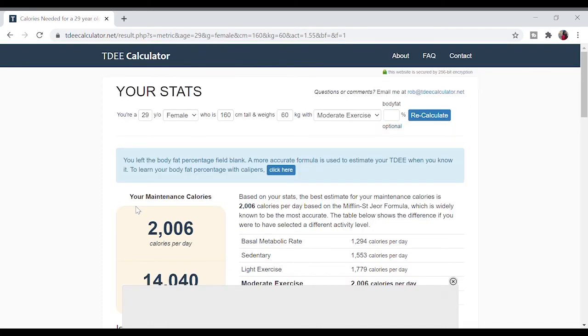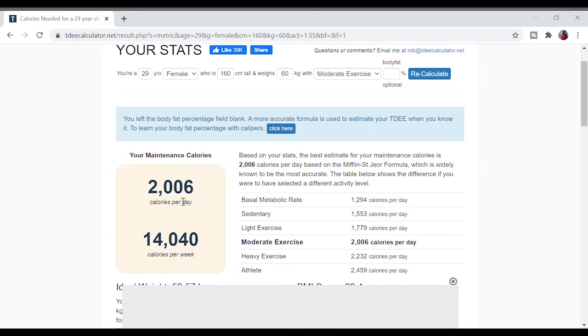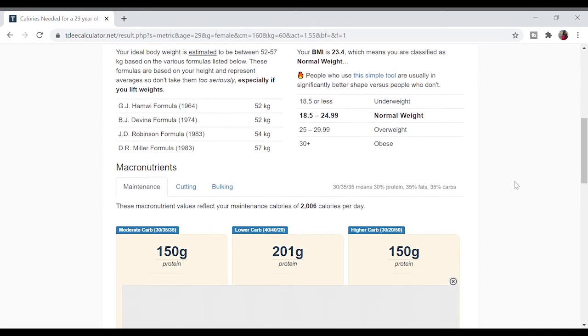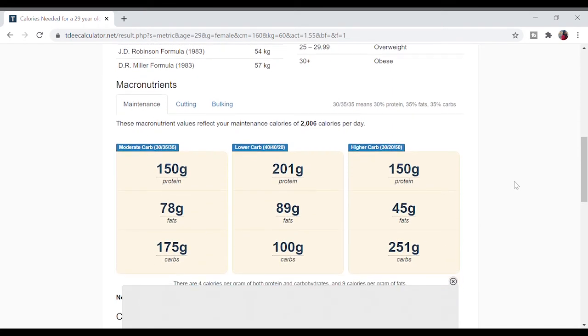So if I am working out and I am having calories of 2000 per day, then I won't see any reduction in weight. Okay, so my calorie requirement changes once I include physical activity in my day-to-day routine. So the requirements of protein, fat and carbs change accordingly.